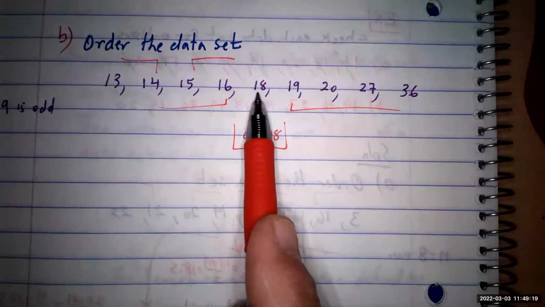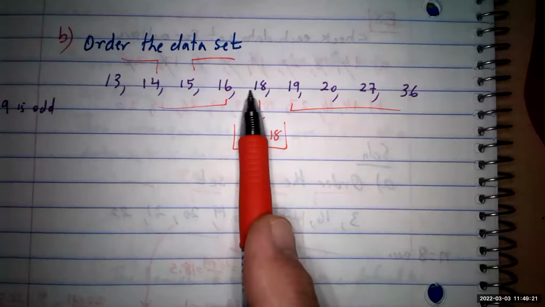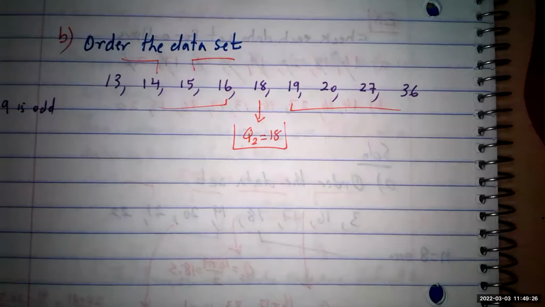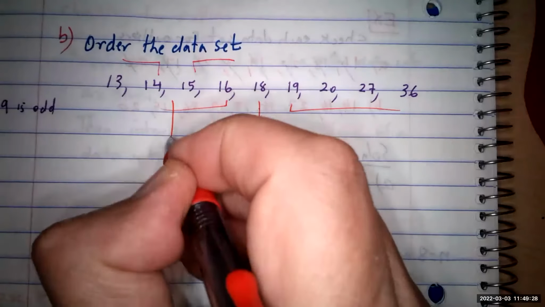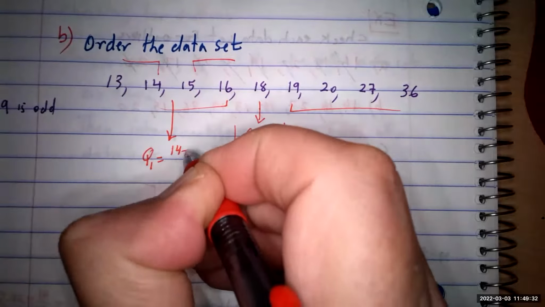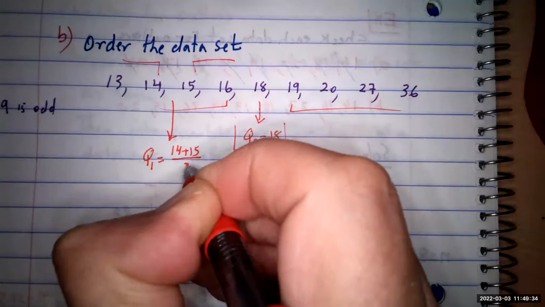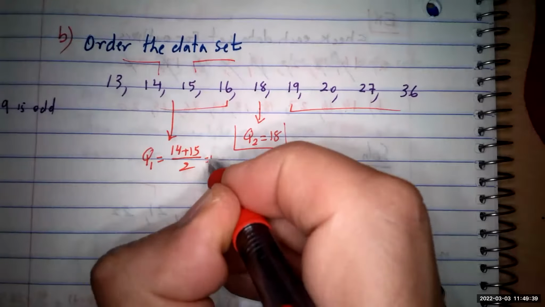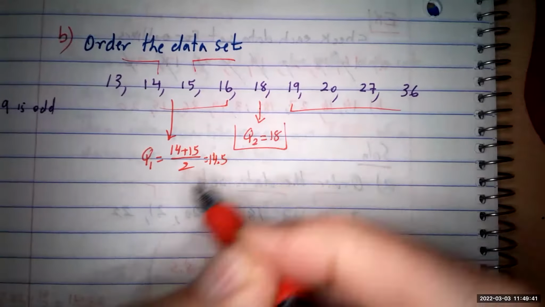You are not going to consider 18 anymore. In case you are going to have the Q1, we have to add 14 and 15 divided by 2. So that would be 29 divided by 2, which is 14.5 for the Q1.